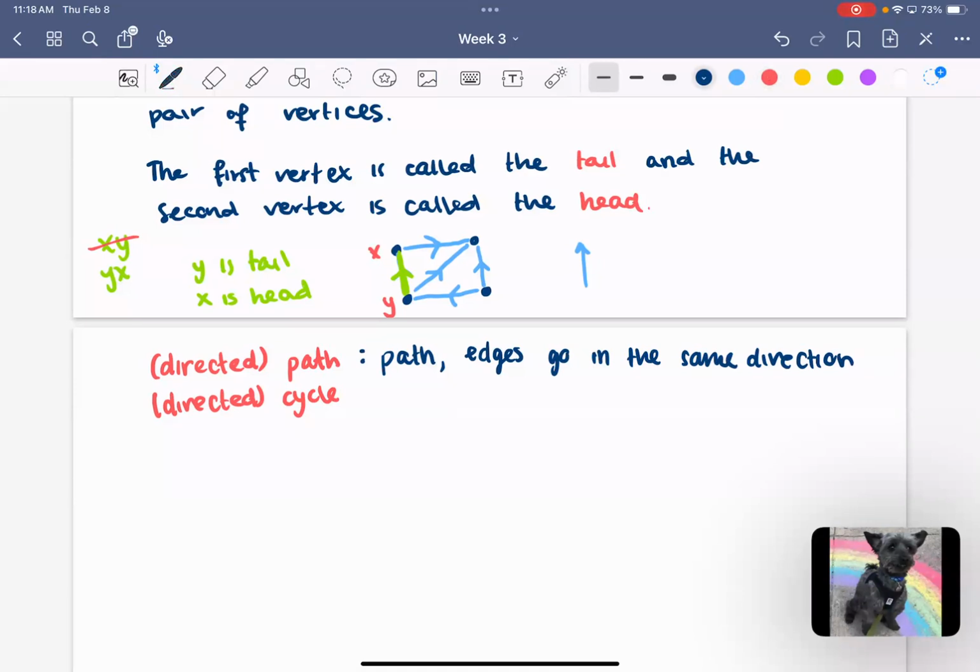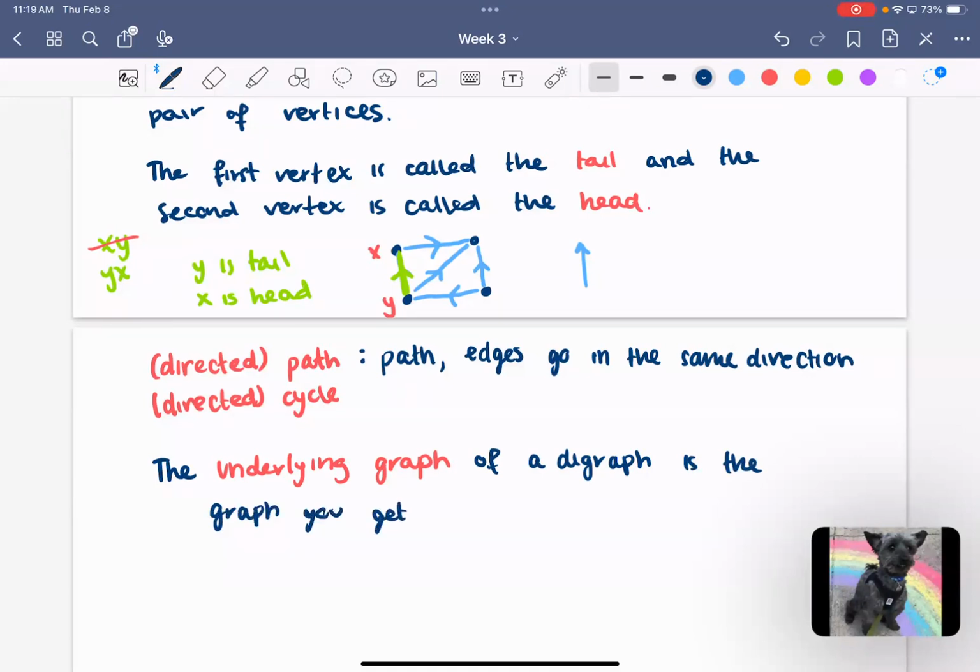So the underlying graph of a digraph is just the graph that you get from treating the edges as unordered pairs. So you just get this graph by ignoring the direction of each edge.